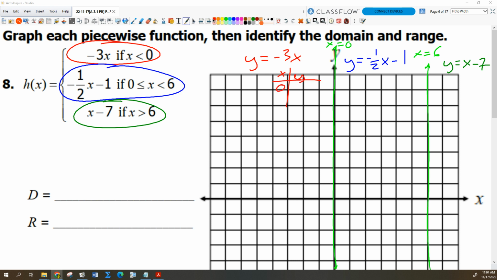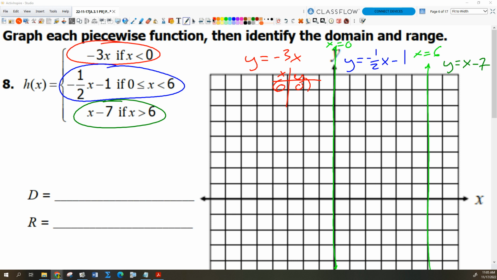Well, what y value do I get if I plug in 0 for x? Y equals negative 3 times x. So if we're letting x equal 0, what do we get? Yeah, negative 3 times 0, which is 0. Okay? So there's our right endpoint of the red piece, right?